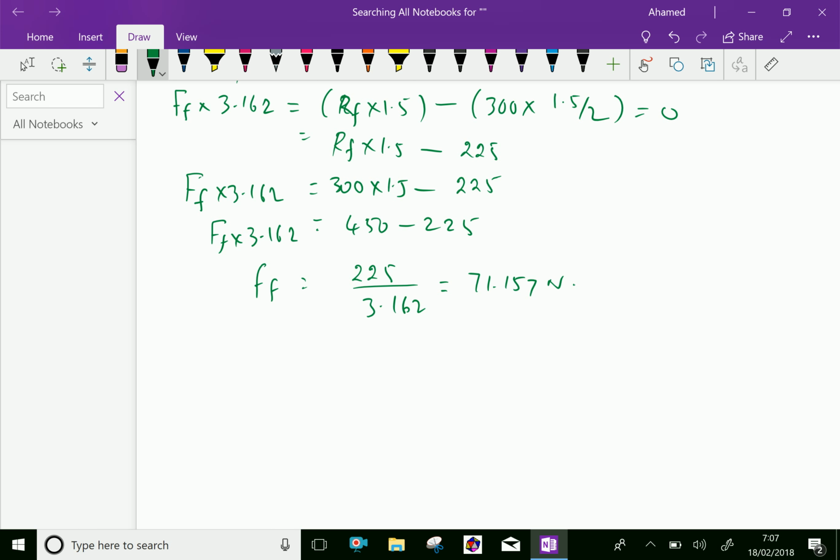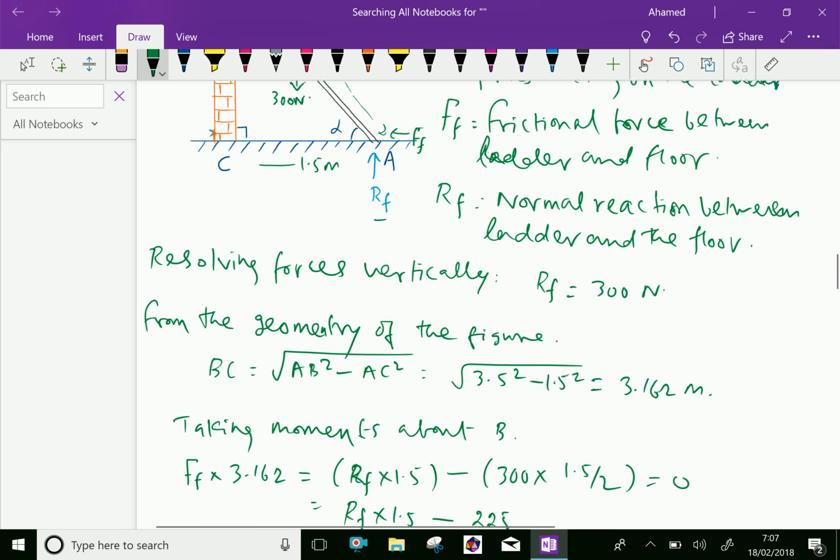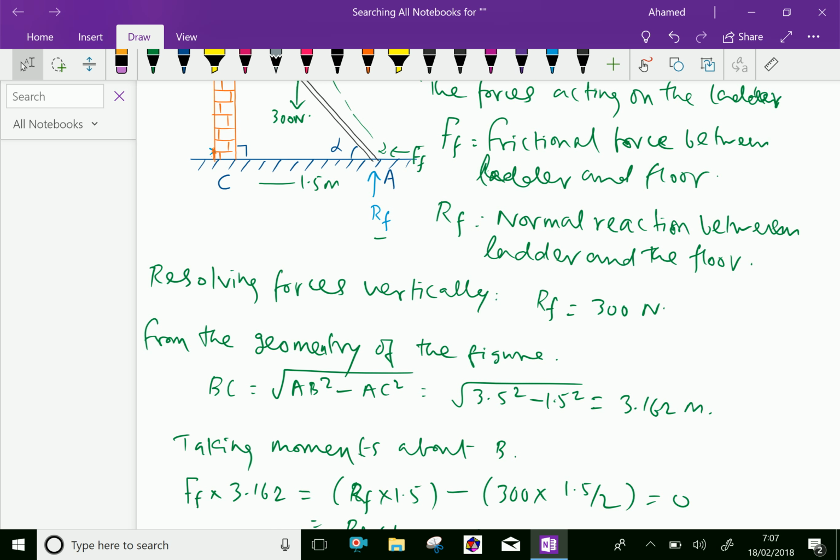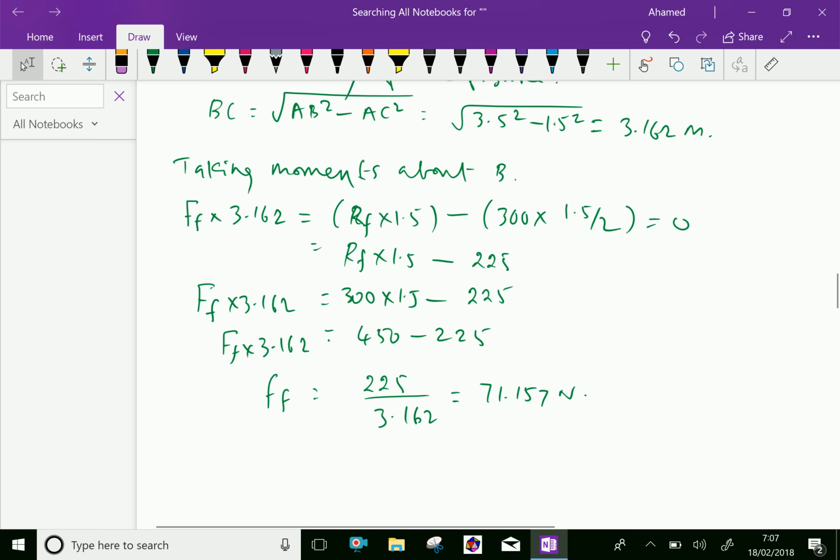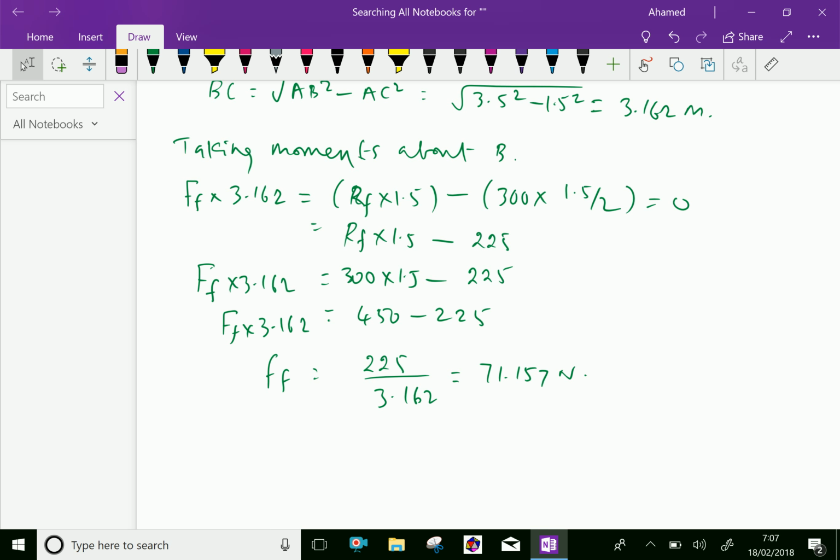This is FF. We got the frictional force between the ladder and the floor equal to 71.157 Newton.